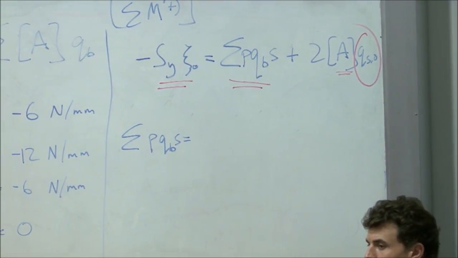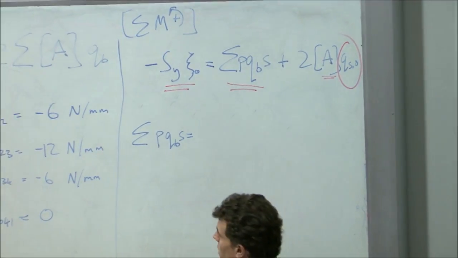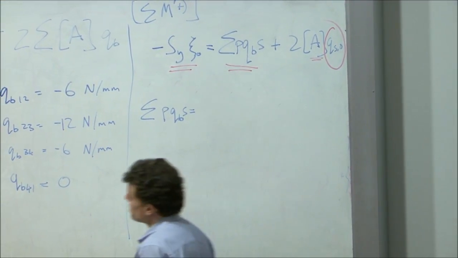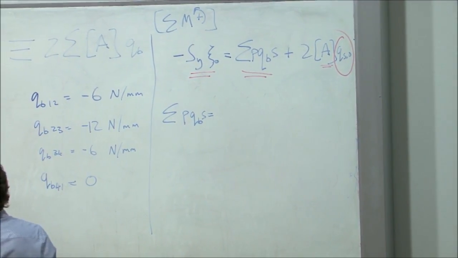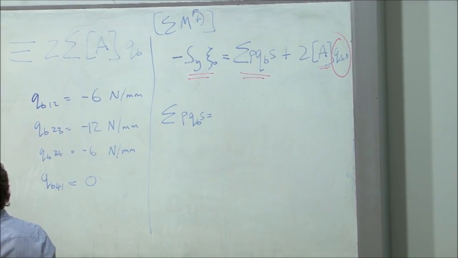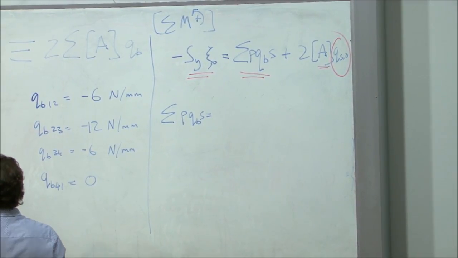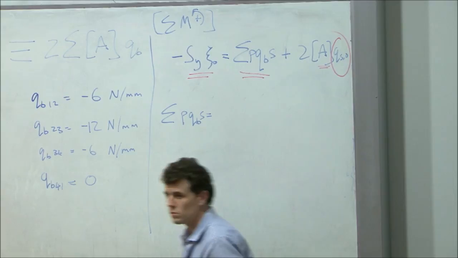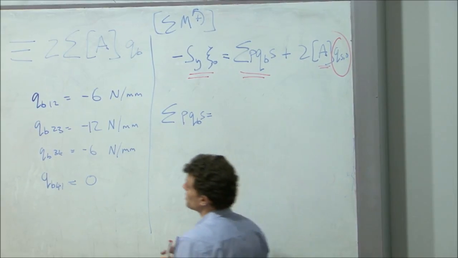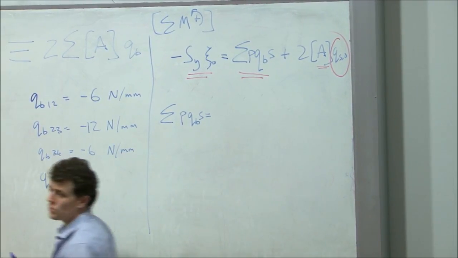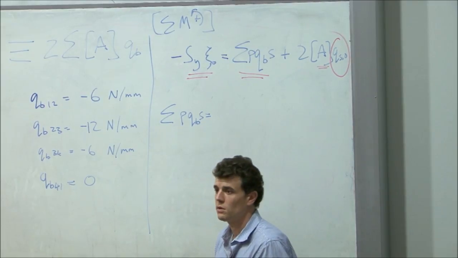So remember, we're taking these moments about an origin. So here's our origin here. What's the moment arm distance from the origin to our QB12? So for the basic shear flow in panel 1, 2, what's the moment arm to that?